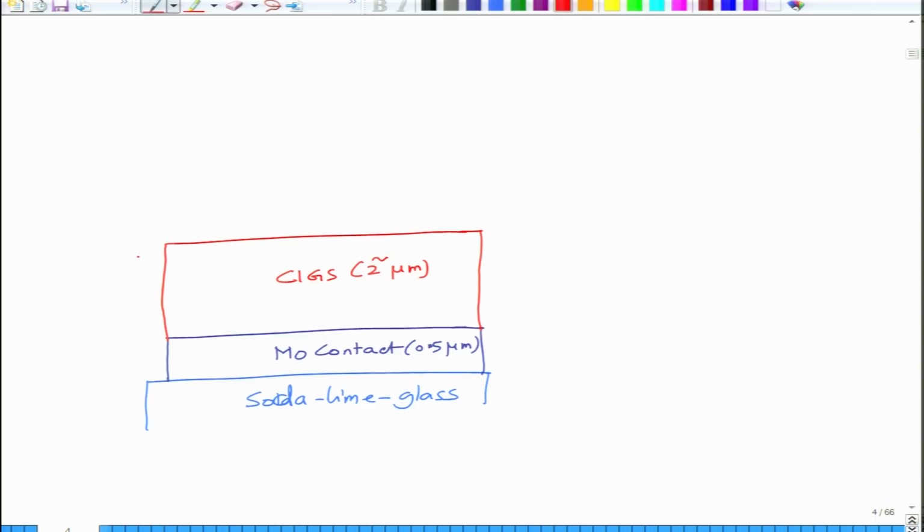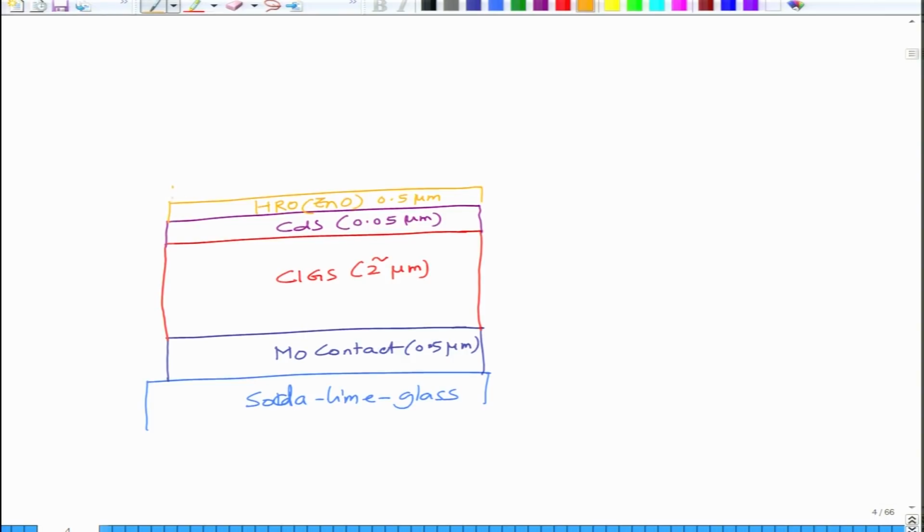And then on top of it, just like cadmium telluride, we use a thin layer of cadmium sulphide window layer, which is about 0.05 micron or about 50 nanometers. Then again on top we use a high resistance oxide layer, HRO, which is generally a zinc oxide layer of about half a micron or so.